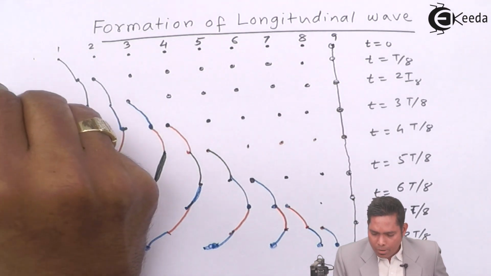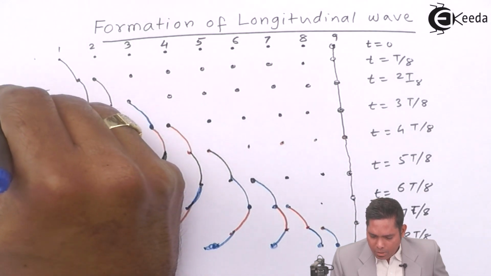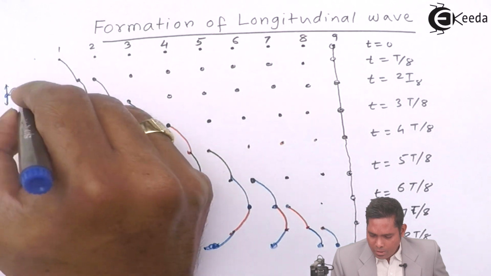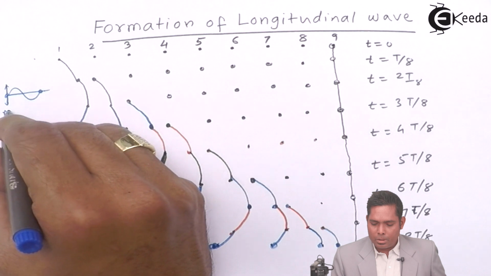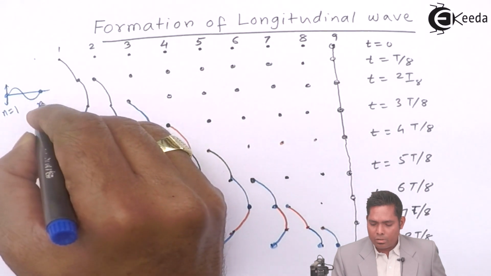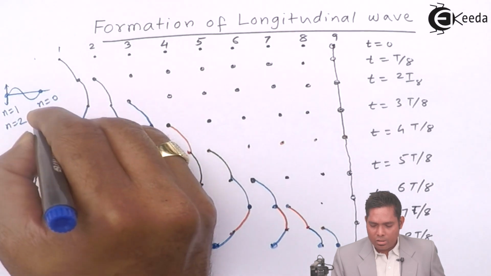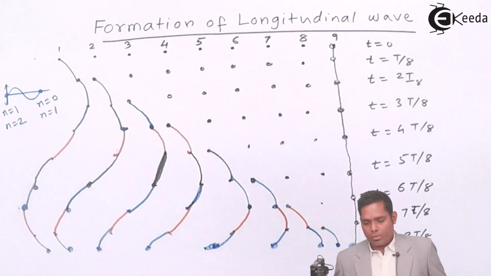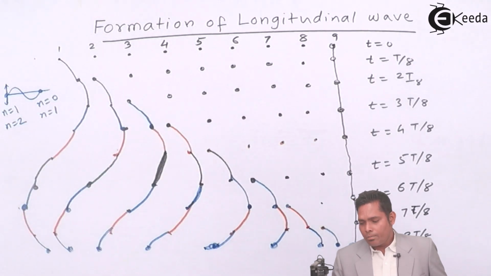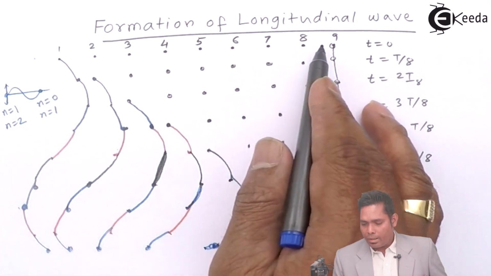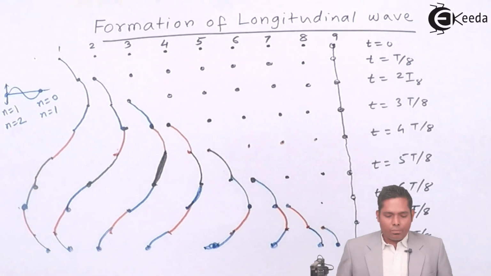That means in a wave motion, when this particle completes one oscillation, then this particle is about to receive the oscillation. When the number of oscillations completed here is 1, the number of oscillations here is 0. When it completes 2 oscillations, this is about to complete 1 oscillation. So when this particle completes 1 oscillation, this has not started its oscillation. This distance from 1 to 9 is exactly equal to 1 wavelength. So this is how the wave profile is found.